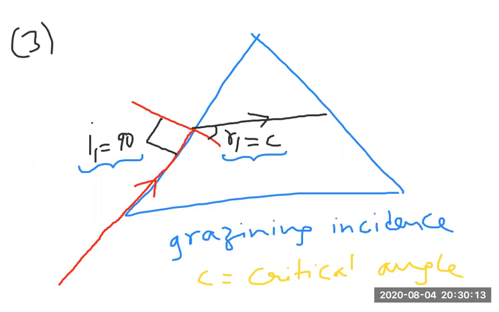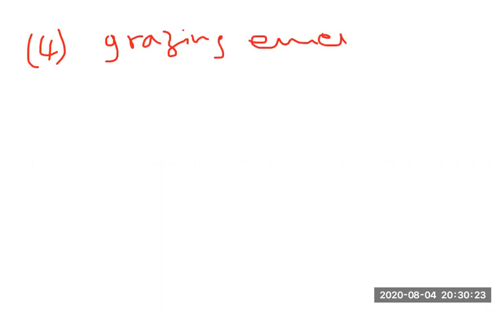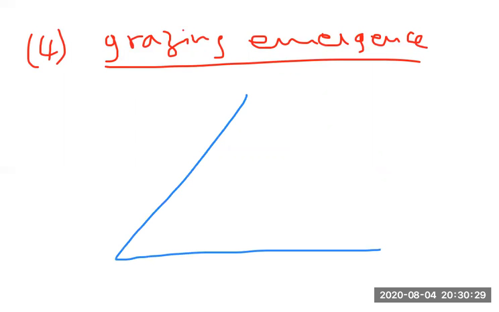Now let us observe the next case, the fourth one, grazing emergence. When the ray is coming out from the prism, it is grazing on the surface. This is the normal, and suppose this angle is R2.